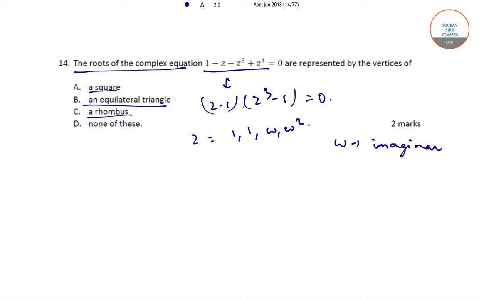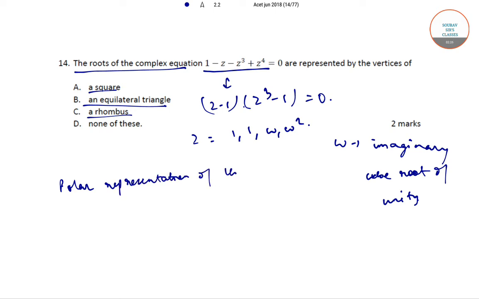is the imaginary cube root of unity. The polar representation of the distinct roots are e to the power i0, e to the power i 2 pi by 3 and e to the power i 4 pi by 3, which are the vertices of an equilateral triangle.